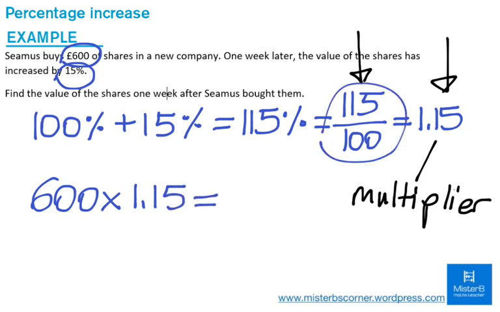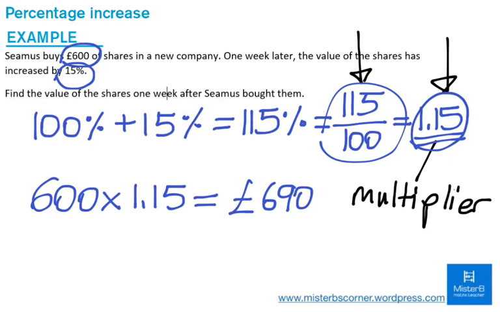And then you just get the answer right away: 690 pounds. I prefer the multiplier method because I don't want to memorize or learn new methods for every type of question in percentages. Multipliers work quite well in all types of percentage problems.